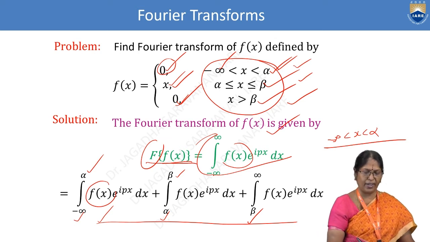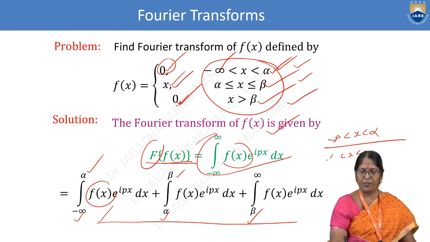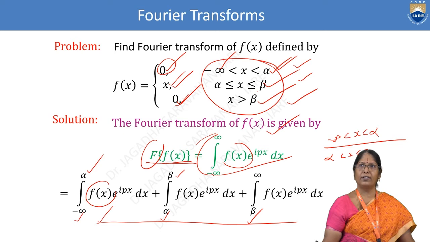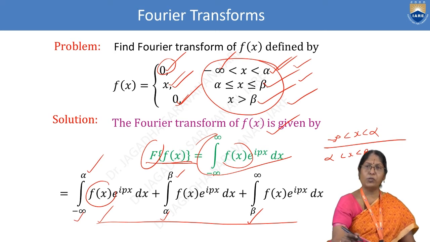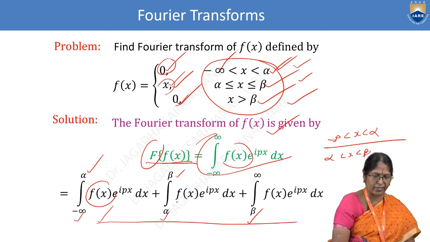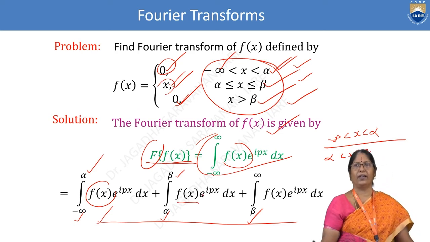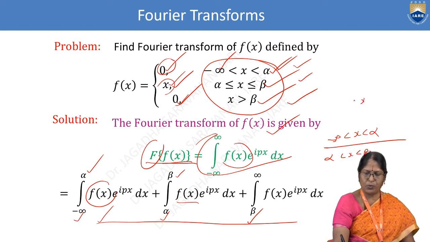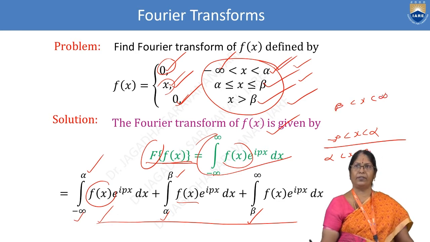What about the second integral? The second integral is x lies between alpha and beta. We will do the comparison. x lies between alpha and beta, exactly matching the second one. So f of x is replaced by x. The third one, x lies between beta and infinity.